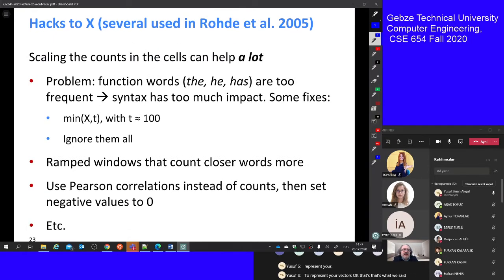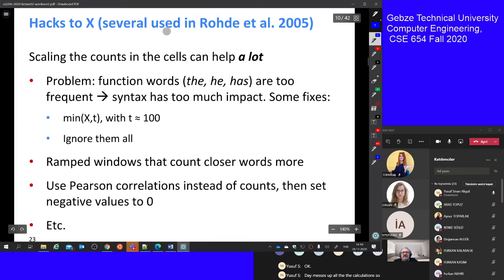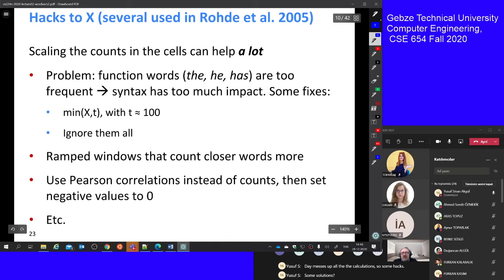With this approach there are some problems, as we said before. Sometimes frequently occurring words such as the, he, has, etc. mess up all the calculations. So some hacks and solutions tell you to ignore them all.